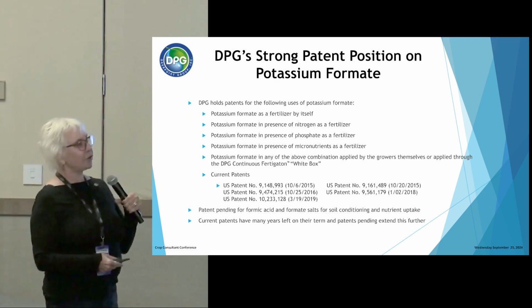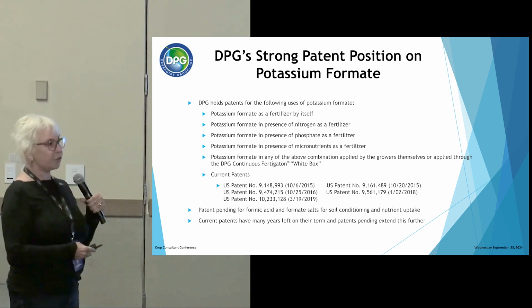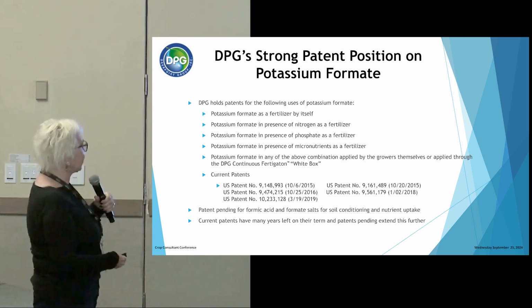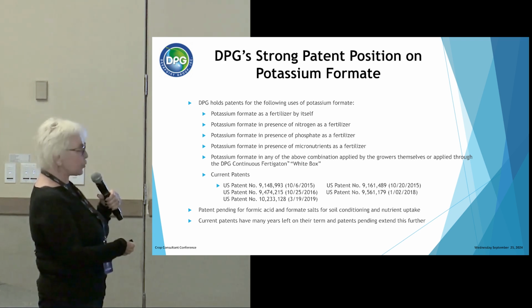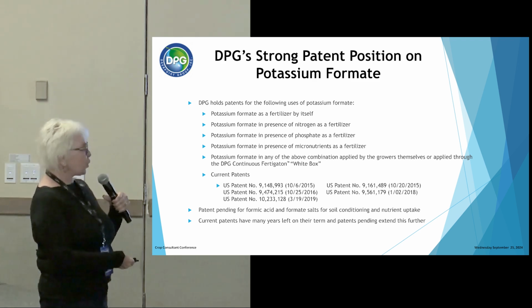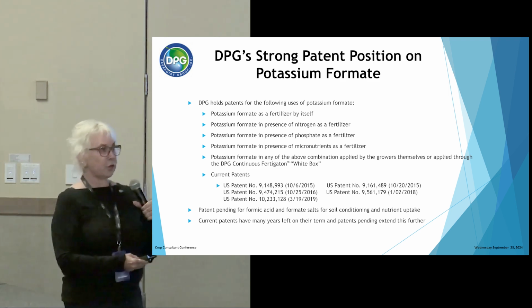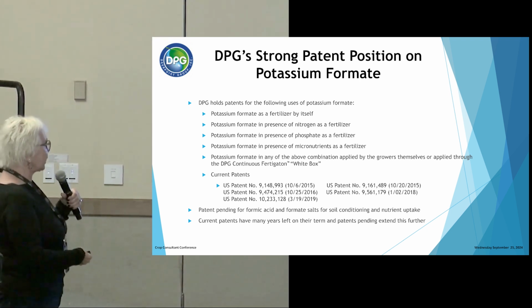Just a little bit more about the effort that we put into this. We have a very strong patent position on potassium formate. We currently have 5 patents and others that are pending. Our patent involves the use of it with fertilizer by itself and in conjunction with nitrogen and phosphate and micronutrients. And any combination of these grower applied as a blend, or also through the white box where we're blending various streams in the main line.